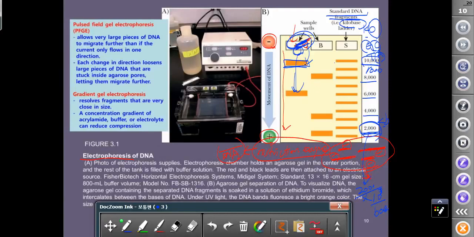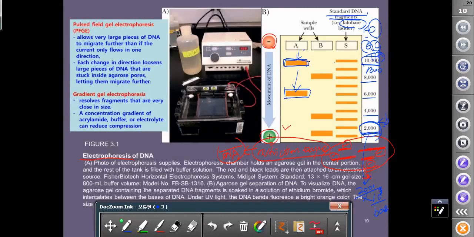So let me erase it, it's a little bit messy. Let's say now you have this DNA sample A, and after running this electrophoresis, you obtained two bands.